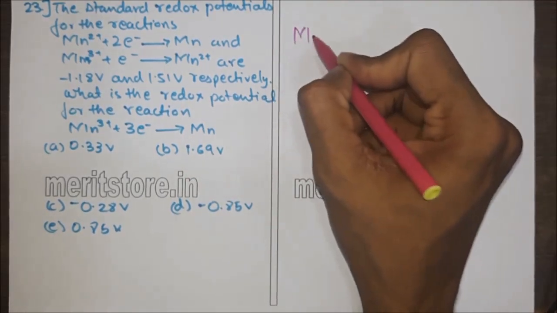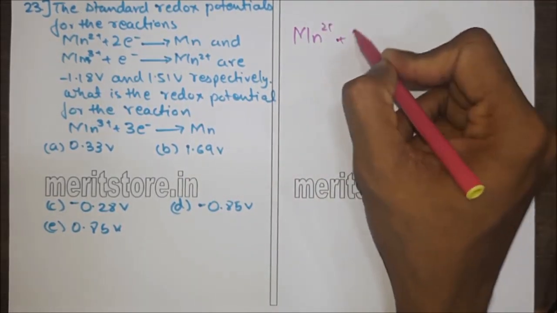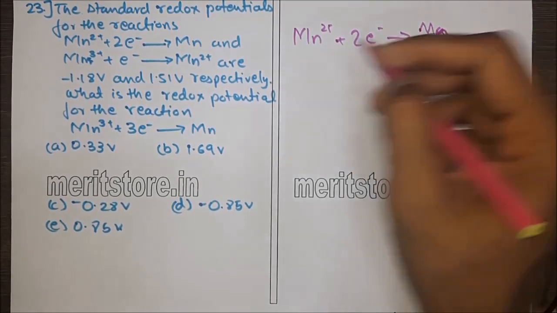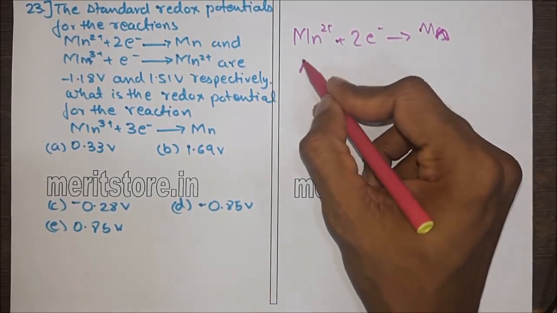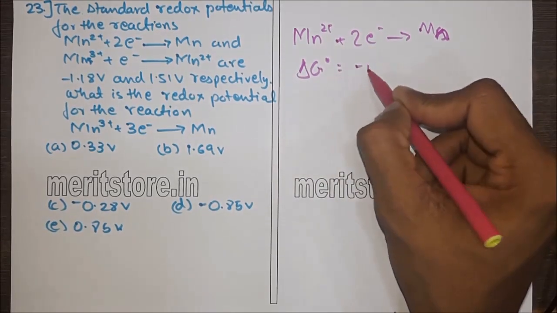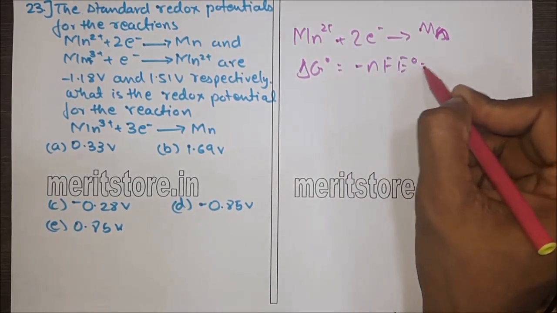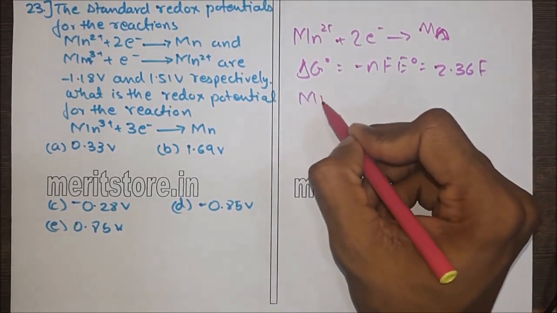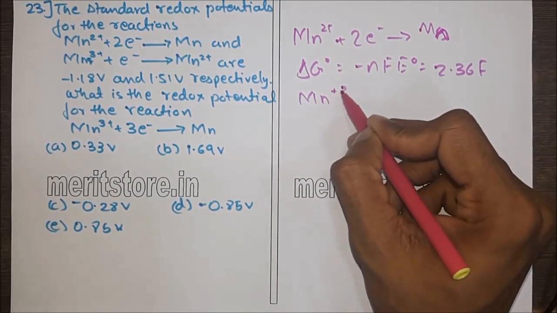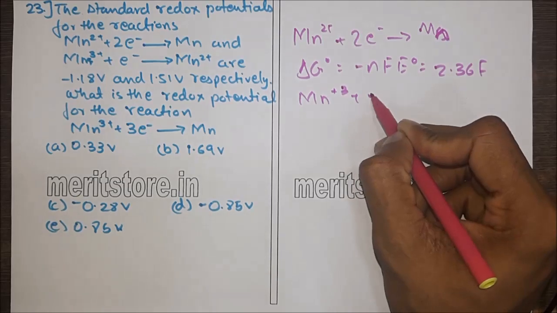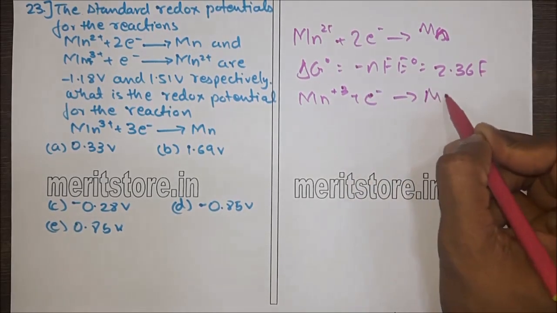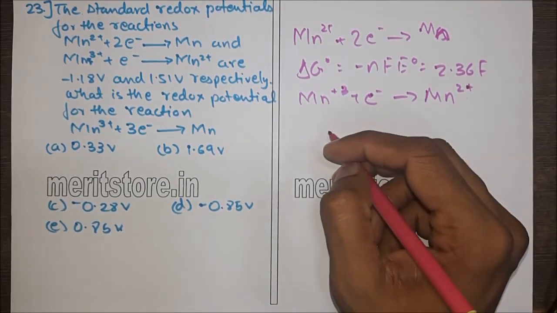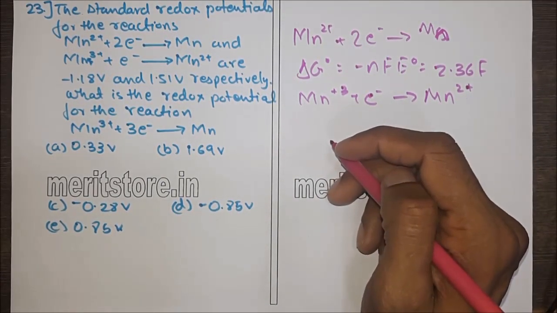So we have Mn2 plus with 2 electrons giving us manganese, where the Gibbs energy, that is delta G, is given as minus nFE, which is equal to 2.36 farad. For Mn3 plus ions, one electron is required to give Mn2 plus.